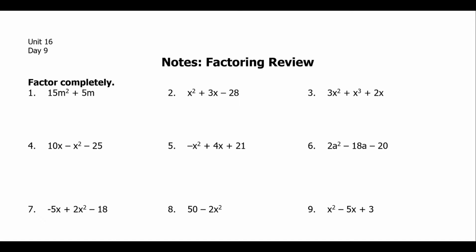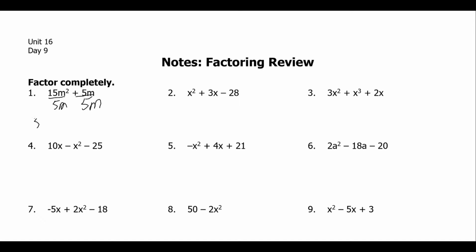So, number 1, if we look at this one, first thing that I notice is that both of these are divisible by 5. Second thing that I notice is that they both have an m attached to it. So I can go ahead and pull out an m as well.